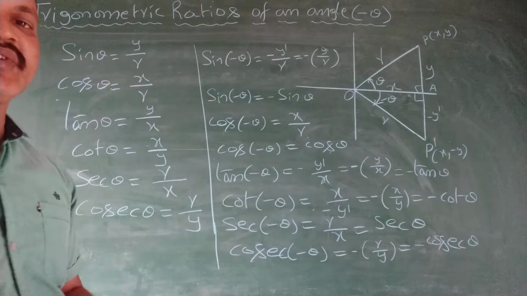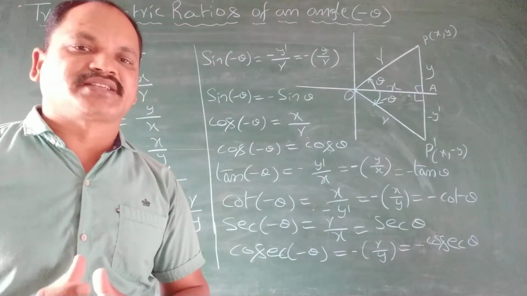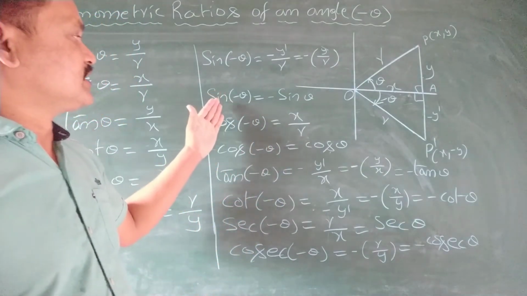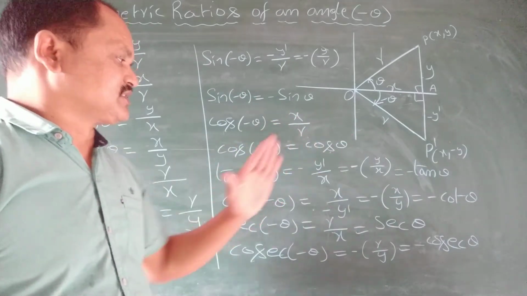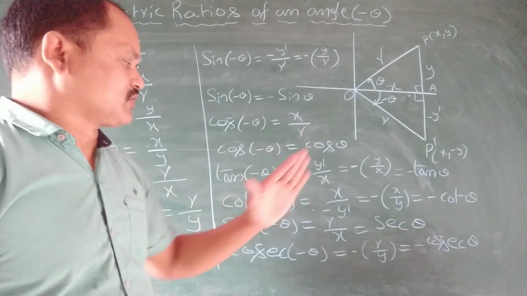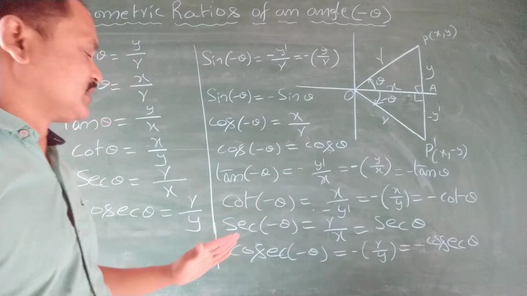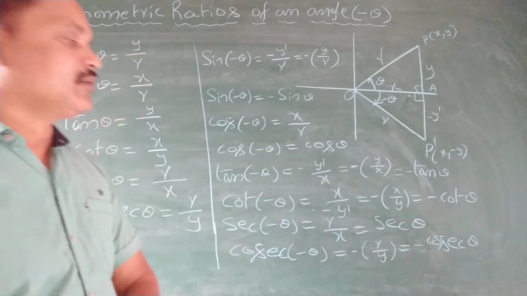That's all. That's why sine minus theta is minus sine theta, cos minus theta is plus cos theta, tan minus theta is minus tan theta, cot minus theta is minus cot theta, secant minus theta is plus secant theta, and cosecant minus theta is minus cosecant theta.